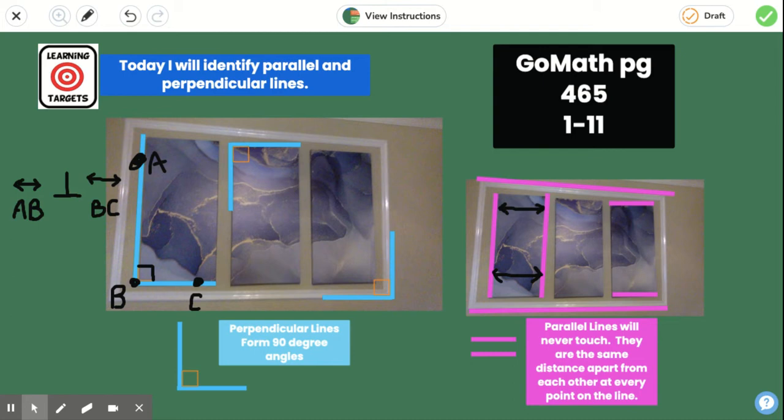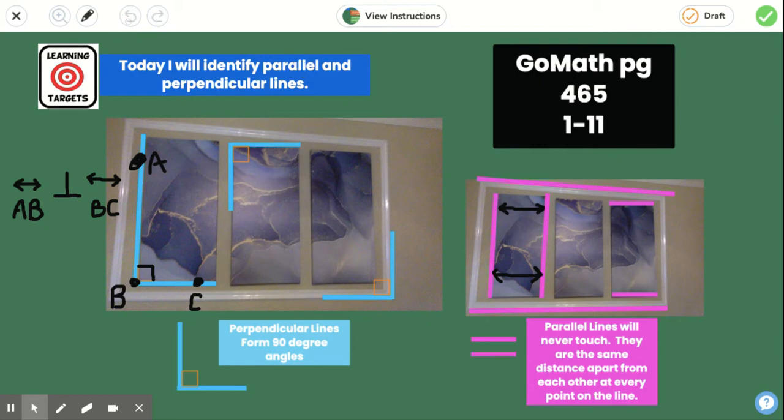If you look at the word parallel, it actually has an example of parallel lines in the name. So parallel is lines that are never going to touch, and they're the same distance apart from each other at every point. No matter where I am on the line, those are the same distance. They're never, ever going to meet.